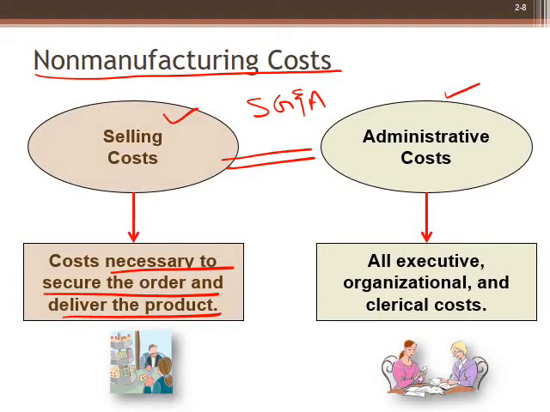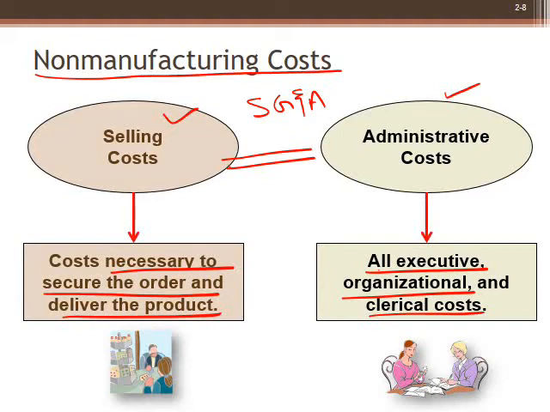The next category is administrative cost, which includes all executive, organizational, and clerical costs. Examples of administrative cost include executive compensation, general accounting costs, secretarial costs, public relations costs, and similar costs involved in the overall general administration of the organization as a whole.